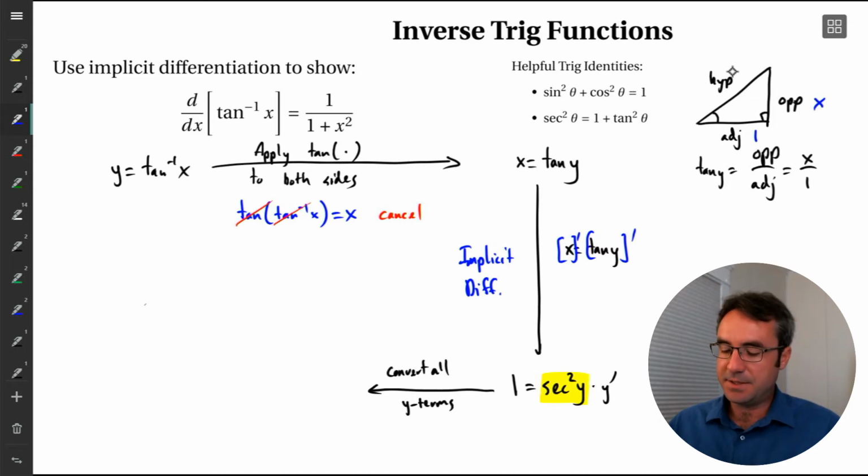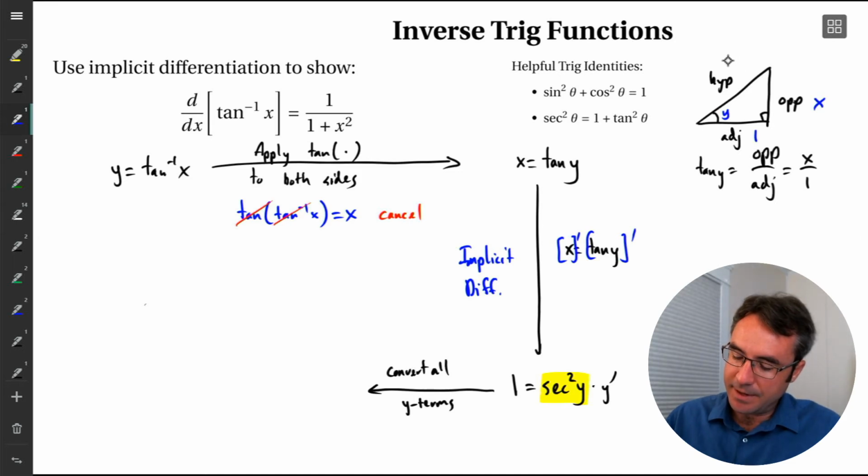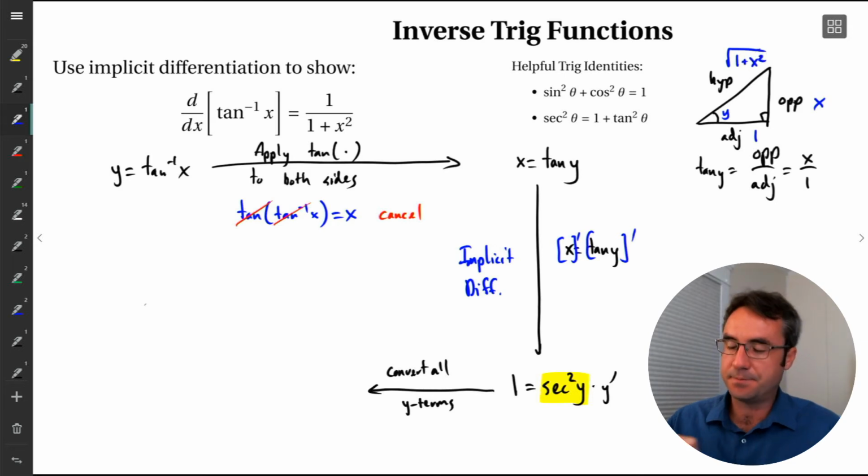And then to find the missing side, and y is the angle here, we just use the Pythagorean theorem. So adjacent squared plus the opposite side squared is equal to the hypotenuse squared. And what we get then is the hypotenuse must be equal to the square root of 1 plus x squared.